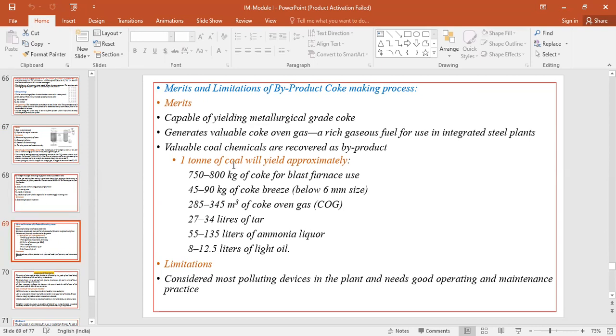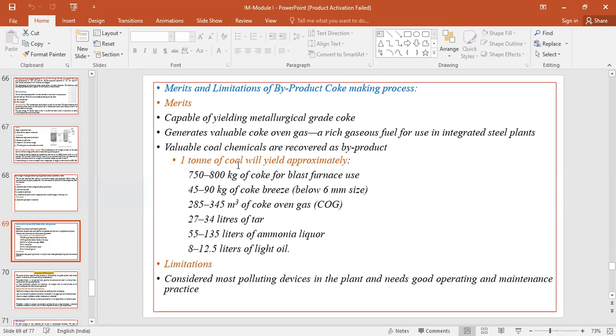For 1 ton of coal that we charge in the oven, we will get around 750 to 800 kg, which means around 80% of the coal is converted into coke.